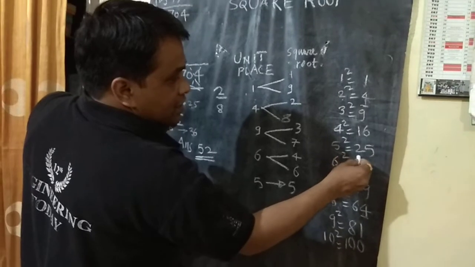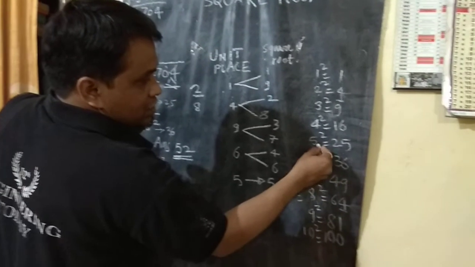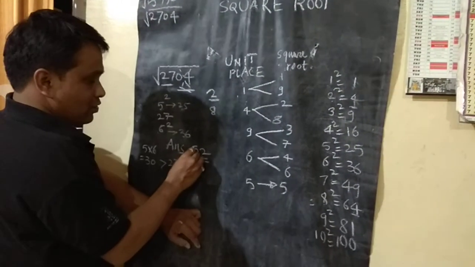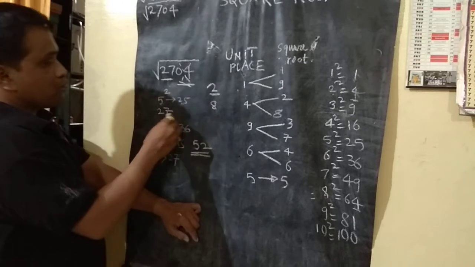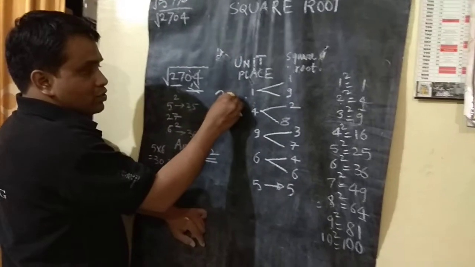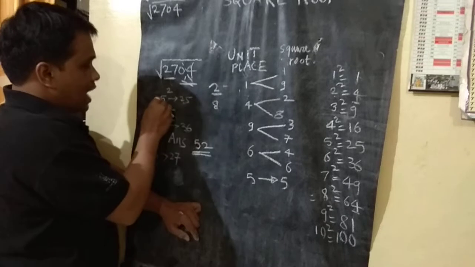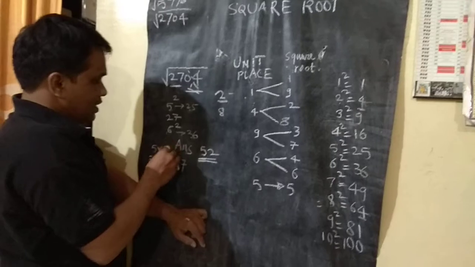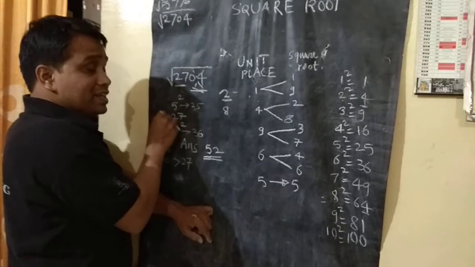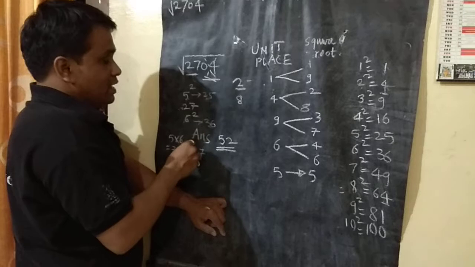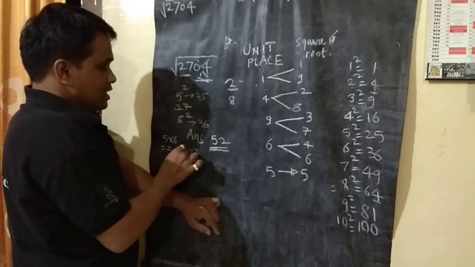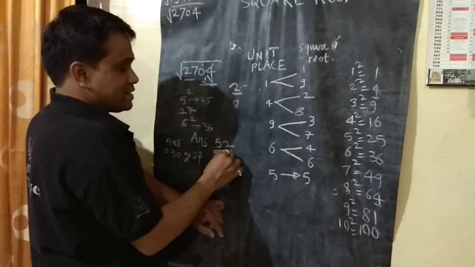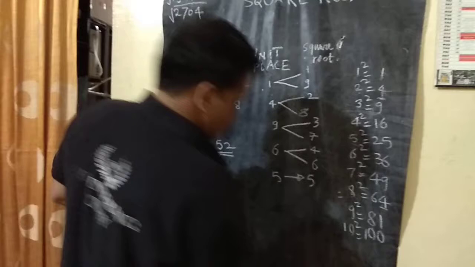So I considered the smaller number, which is 5, and I have written here 5. Now I have to select either 2 or 8. For this I take the product of 5 and 6, which is 30. Now I compare this 30 with 27. 27 is smaller than 30, so I have to consider the smaller number. So the answer is 52. I hope that you have understood this.